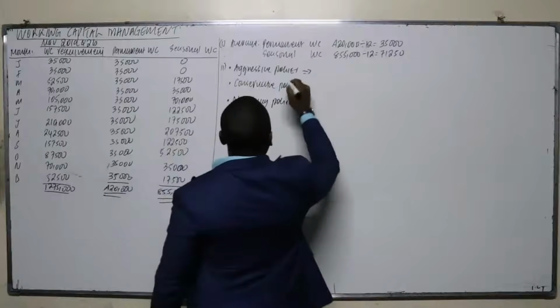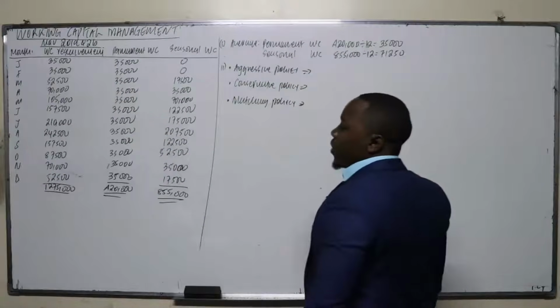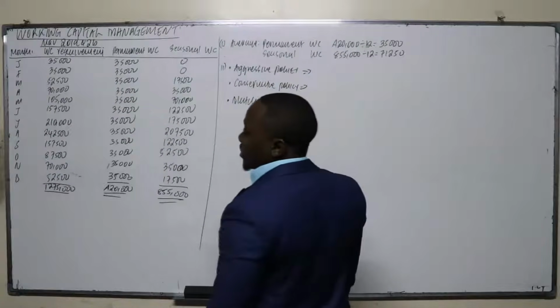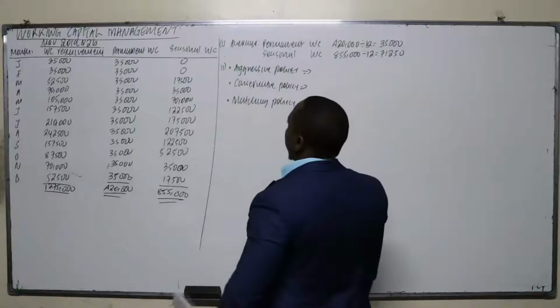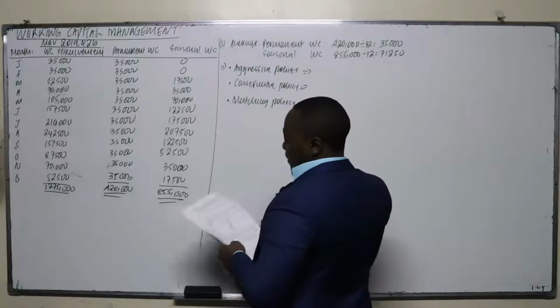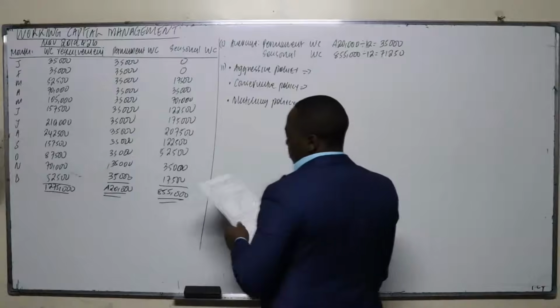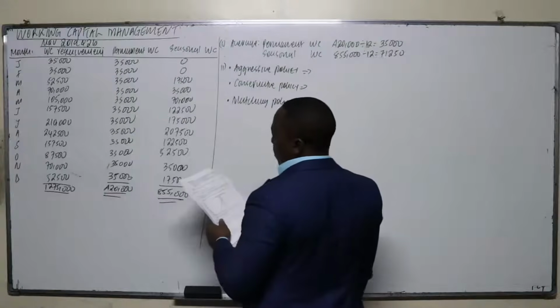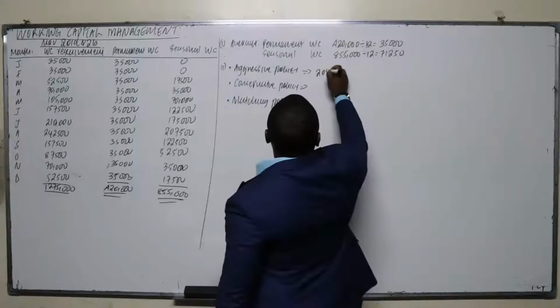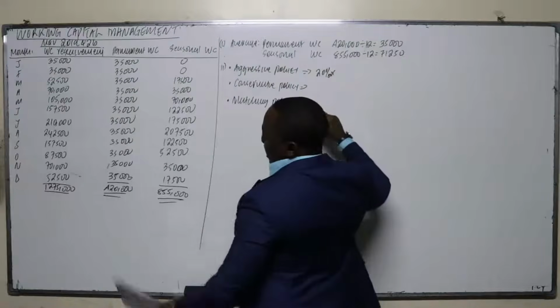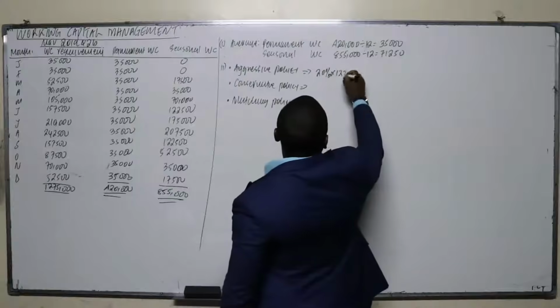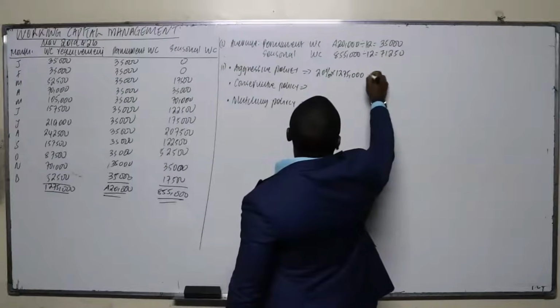Now we say that for aggressive financing policy, this is where all the working capital will be financed using short-term sources of finance. In the first paragraph, we are told that the finance cost for short-term sources of funds is 20%, while the cost of long-term funds is 25%. So you'll take 20% of the total working capital, which is 1275.